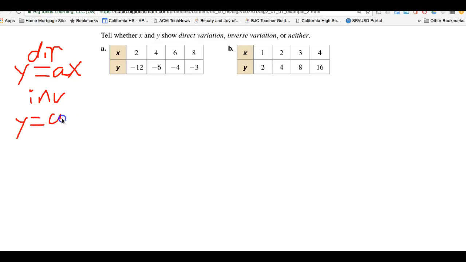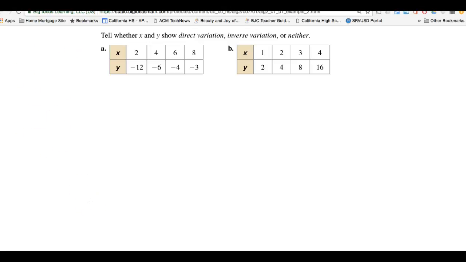Okay, so those are our two different types right here, direct variation and inverse variation. So what we want to do is look at the relationships between our x and y values, and see how they fit into this mold right here.